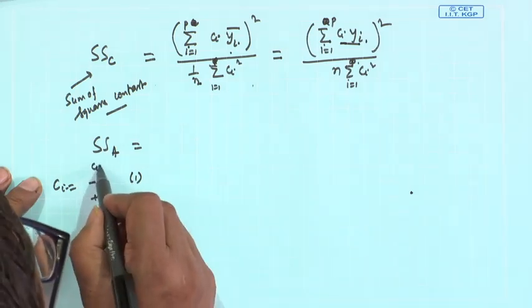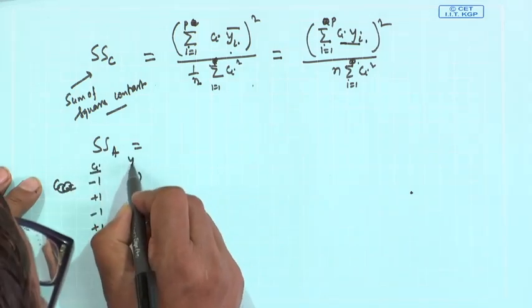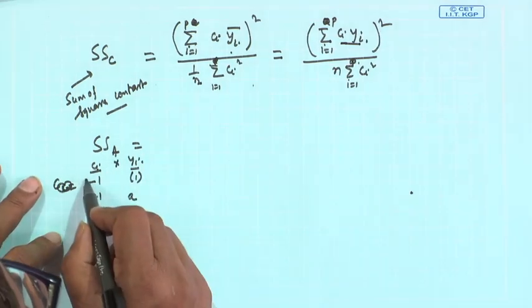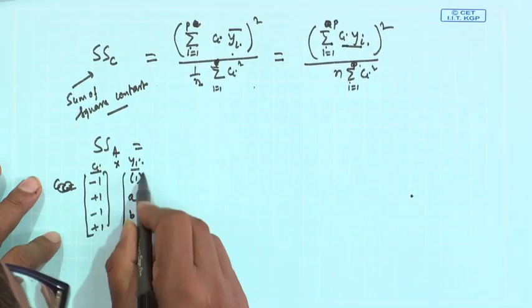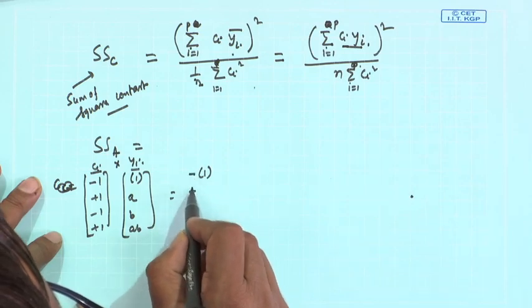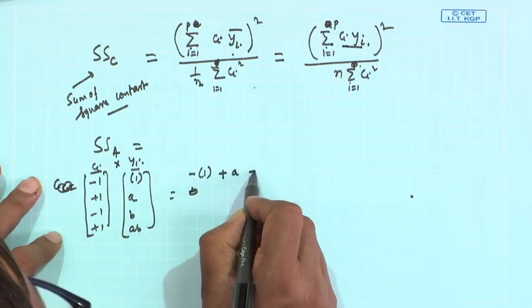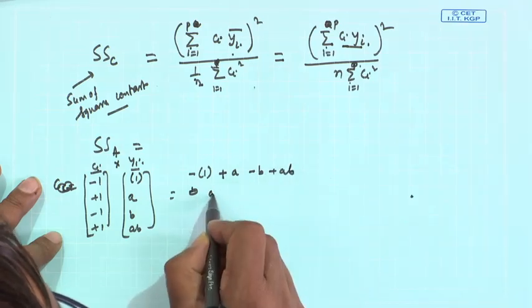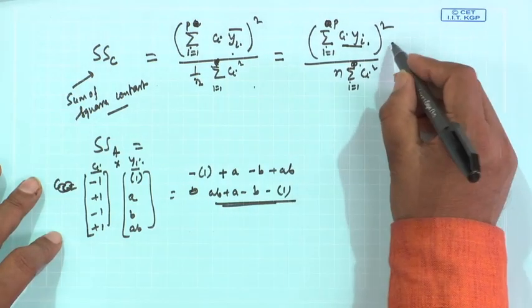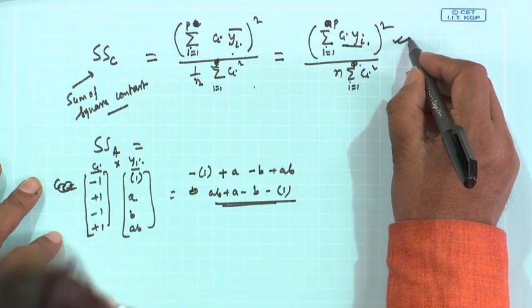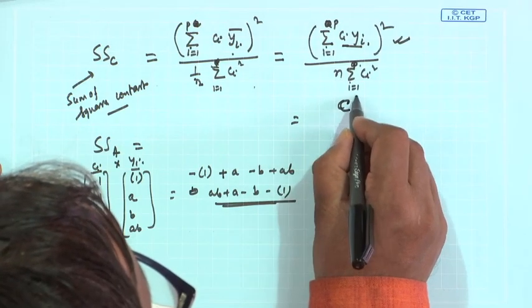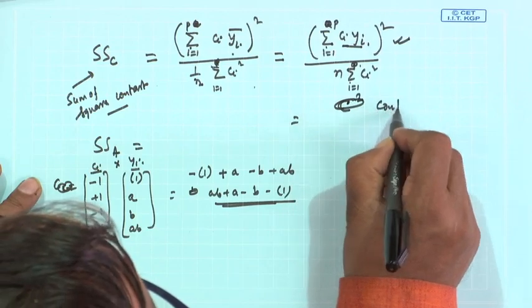So, if I multiply these two columns by C i and Y i total, what is it giving me? It is giving me minus 1 plus A minus B plus AB, which is nothing but AB plus A minus B minus 1. So, that means this is my contrast, and the contrast squared is what we need.